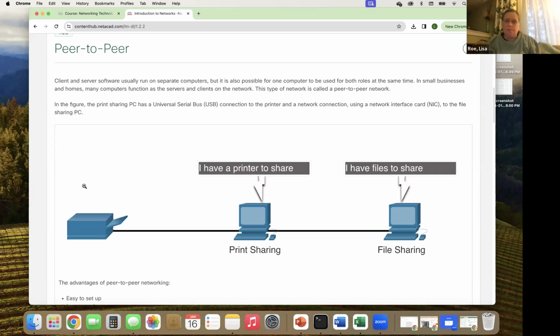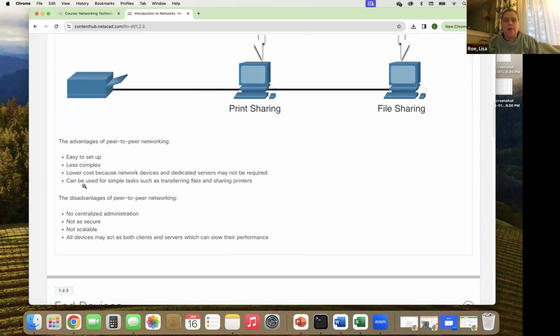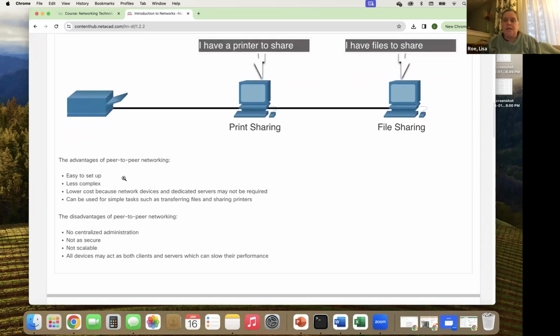There's no central management or storage for a peer-to-peer network. All devices are considered equal. So they're super easy to set up because all of the components that you're going to need to do a peer-to-peer network are automatically built into any device that has a network card. I know I'm saying vocabulary here that you haven't seen, but we will talk about them in more depth. So they're very simple networks.